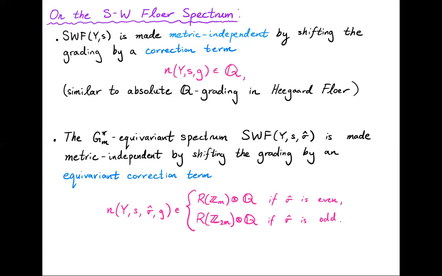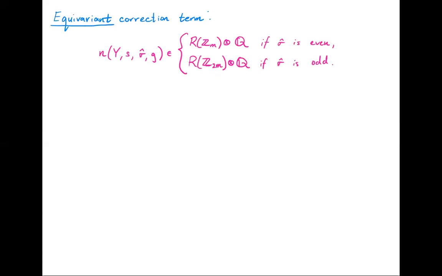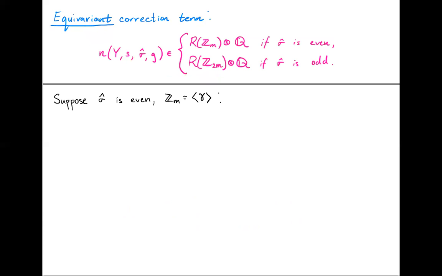Roughly, what it should satisfy is that the difference of it between two different equivariant metrics is given by the equivariant spectral flow for any path of metrics between those two metrics. Whatever that means, let's see what this equivariant correction term looks like.